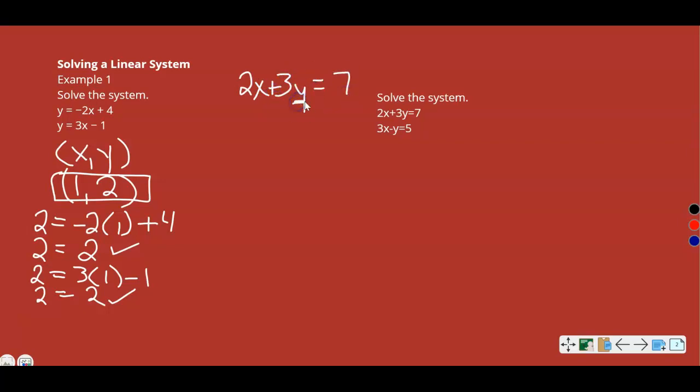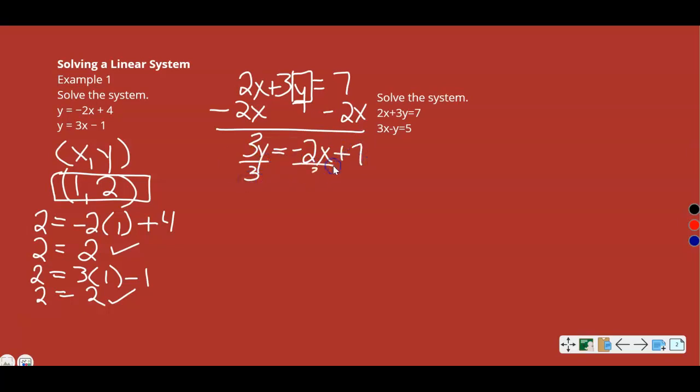So we're trying to solve for y here. Means we want y by itself, so we're going to subtract 2x from both sides. So we're going to have 3y equals negative 2x plus 7, and then divide by 3. And when I say divide by 3, you're going to divide the entire equation by 3.